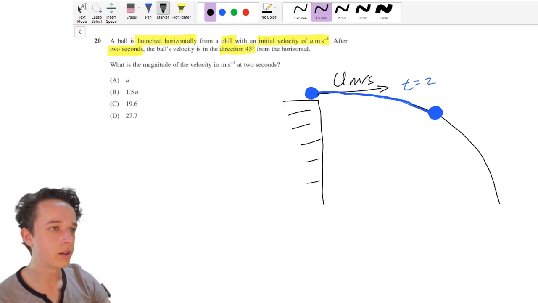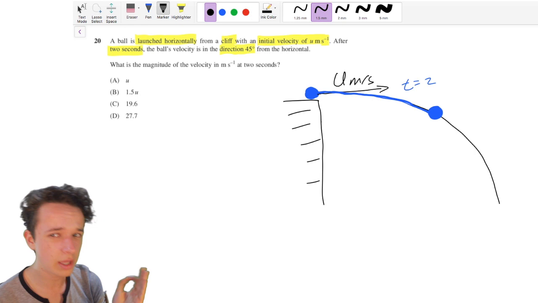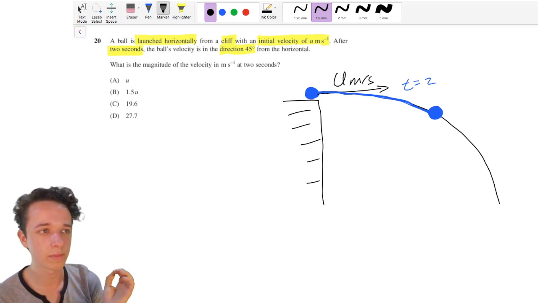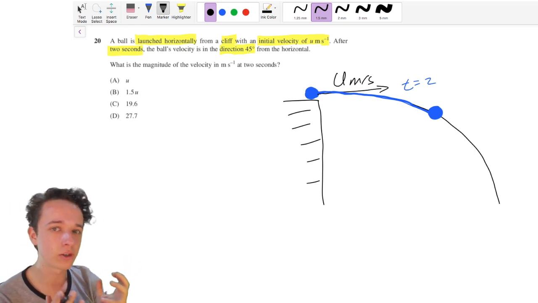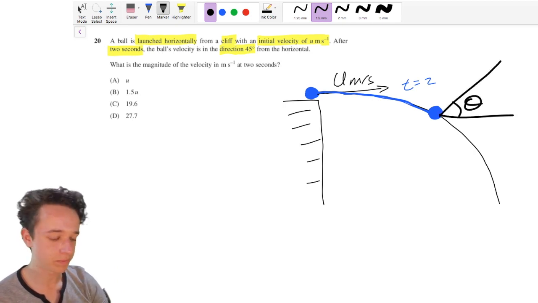And it's saying the ball's velocity is in the direction 45 degrees from the horizontal. So when you first see that, that might sound a little weird because the only time that we've used angles in the context of projectile motion so far has been an angle that looks like this, right? That's not what this is saying. It's not saying that this angle here is 45 degrees.